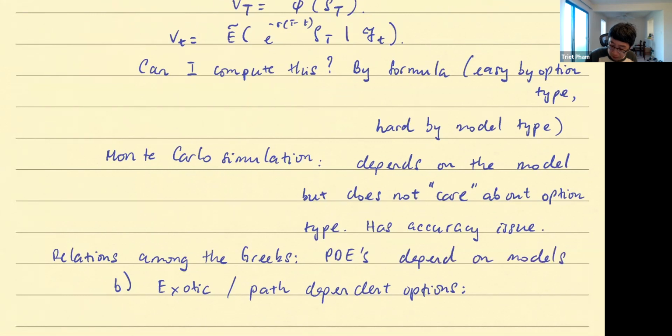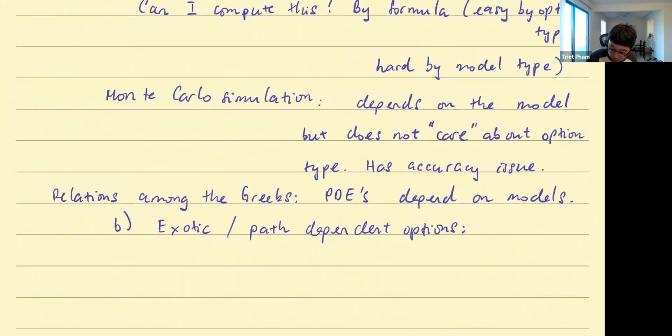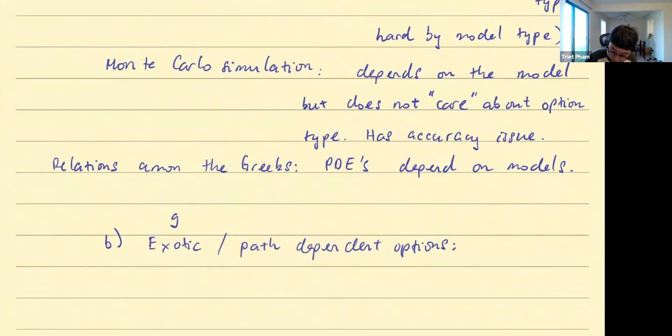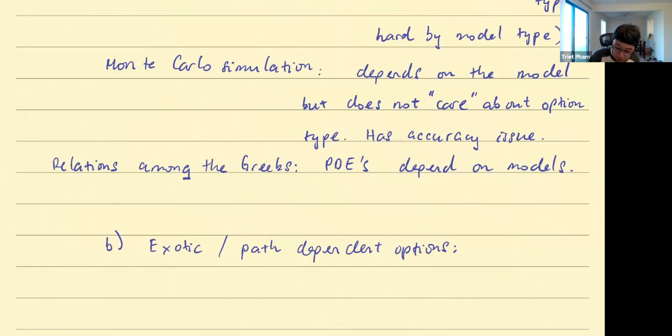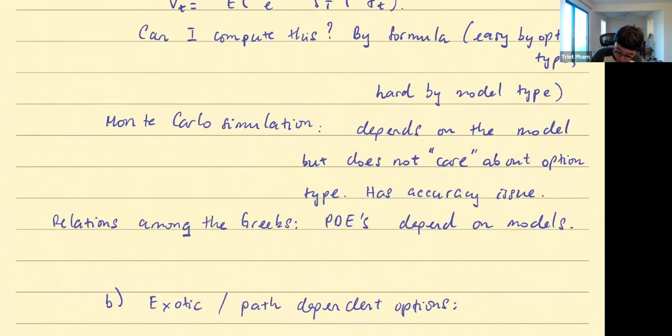But on the other hand, the idea of the PDE, so actually maybe I want to expand this. The idea of the PDE, at least for the vanilla option, the main idea is that, first of all, option price is only a function of T and S_T.